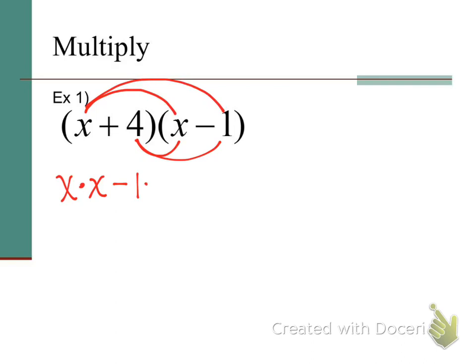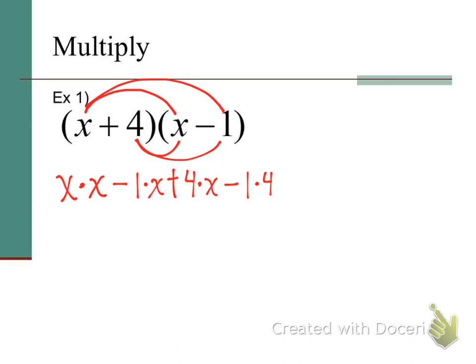So if you want to put the negative 1 first and then the x, you can. Then we're going to take 4 times x. A positive times a positive means my sign will stay positive. 4 times x. And then in the back we've got 4 times negative 1. Positive times a negative would come out to be a negative.